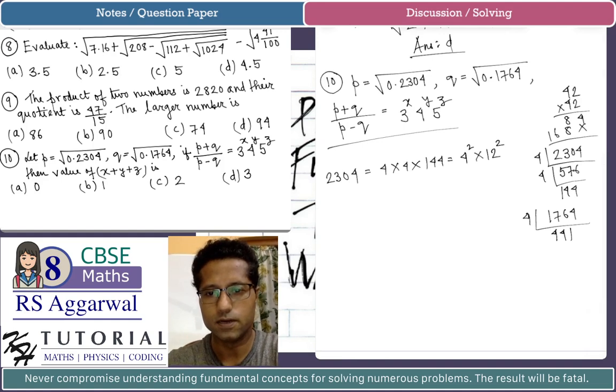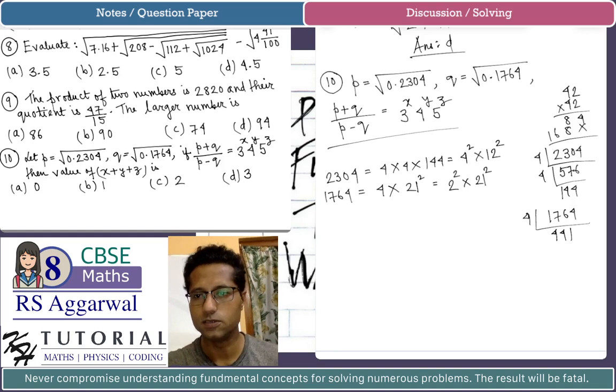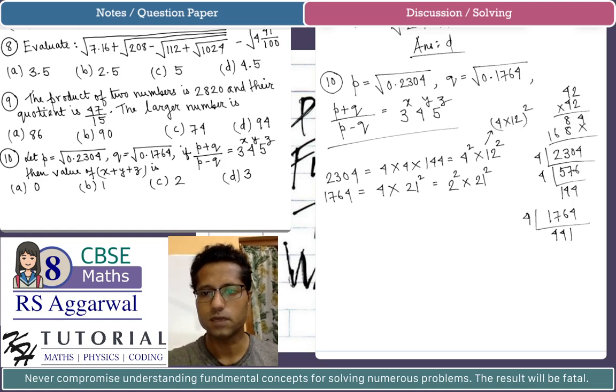So 1764 is equal to 4 multiplied by 441, which is 21 square, and 4 is 2 square. So 1764 is 2 square multiplied by 21 square. So both these numbers, 2304 and 1764, are perfect squares. We can write the first as 4 multiplied by 12 whole square, and this we can write as 2 multiplied by 21 whole square.